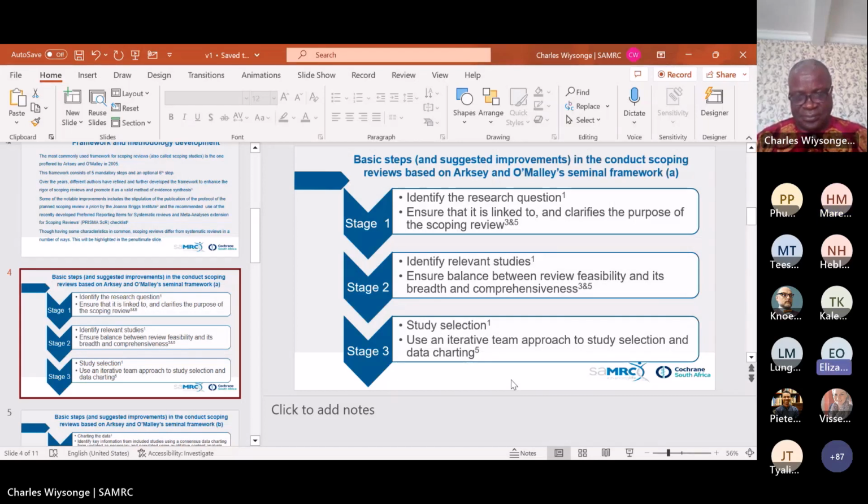Okay, thank you. I think Prof has answered the question by the slide he projected, because you see in stage 2, you have to ensure balance between feasibility and breadth and comprehensiveness. So if you have a broad topic, and in the process of that, like it happened to me, something struck and other evidence is coming up, you keep your focus on your original topic, but mention as part of a developing area or area for future research that this is emerging and that is emerging.